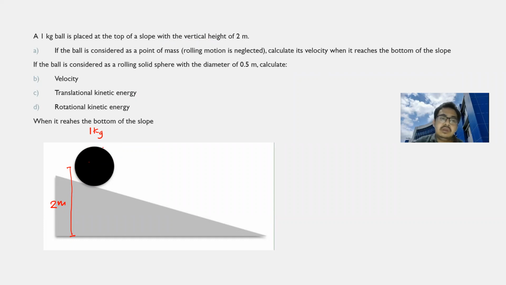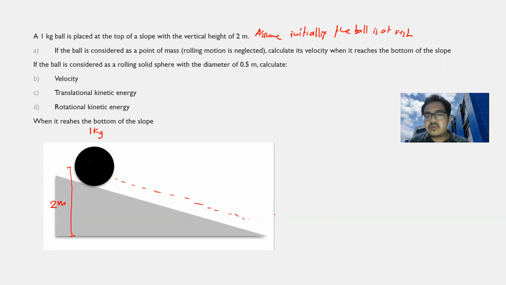And we assume that initially the ball is at rest, or not moving. So when the ball starts moving, it will gain velocity, or it will accelerate, up to this point.